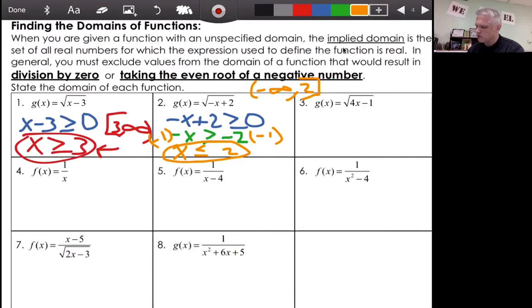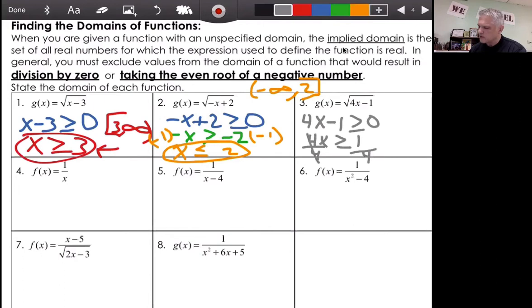We should be getting a little bit better at these. Again, there's no denominator with an x, but there is a square root with an x in it. So we have to make sure that 4x minus 1 is always greater than or equal to 0. So we add 1 to both sides, and we divide by 4.